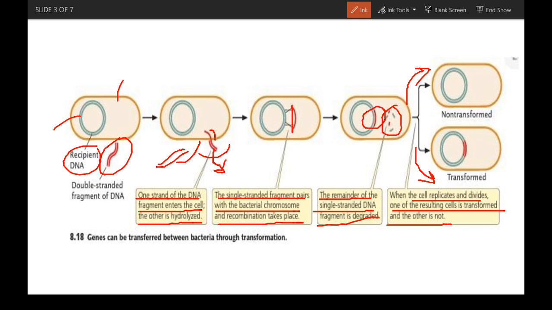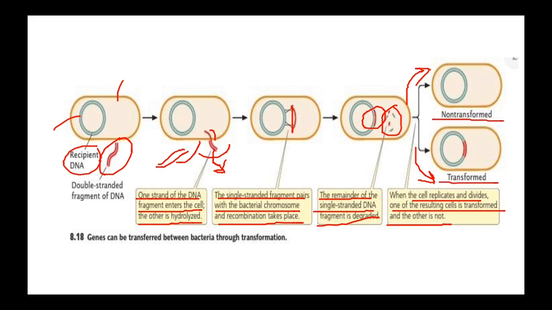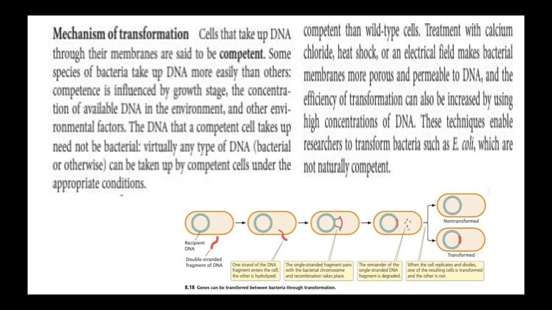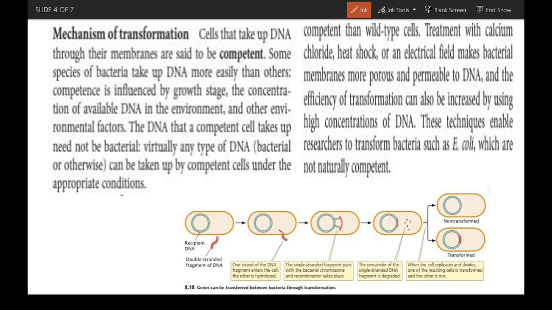So when DNA replication occurs, only one of the strands will have that foreign DNA while the other will not. So one non-transformed and one transformed cell will be formed. We know about semiconservative DNA replication, right?